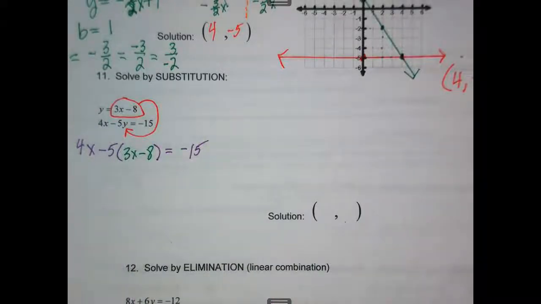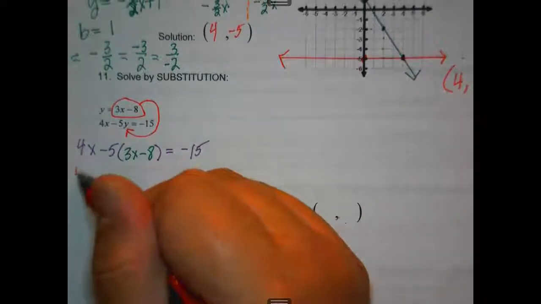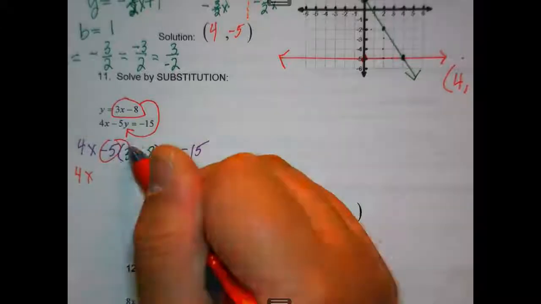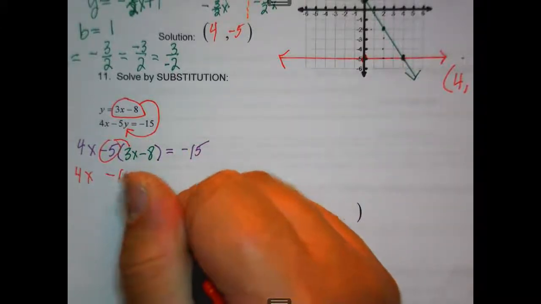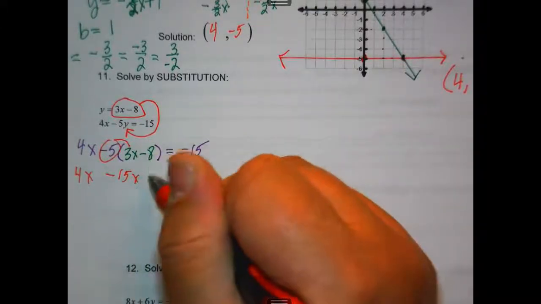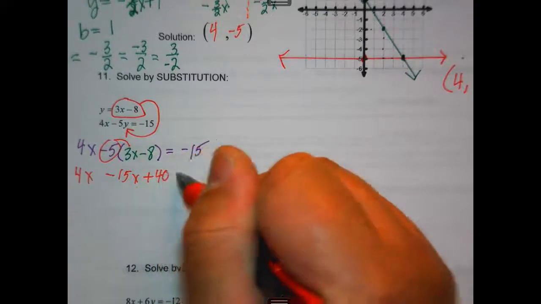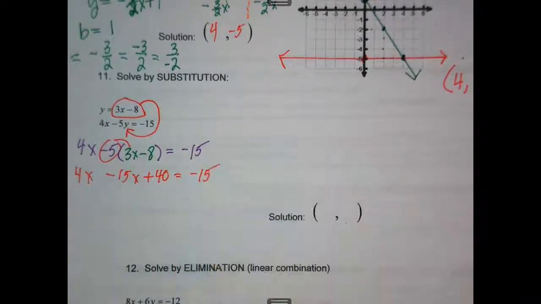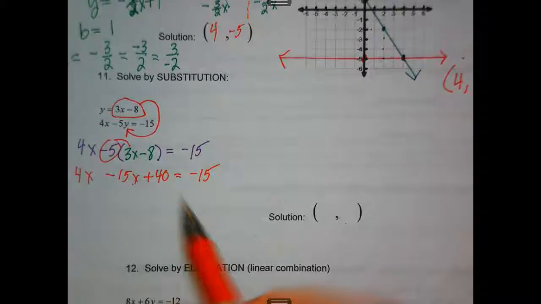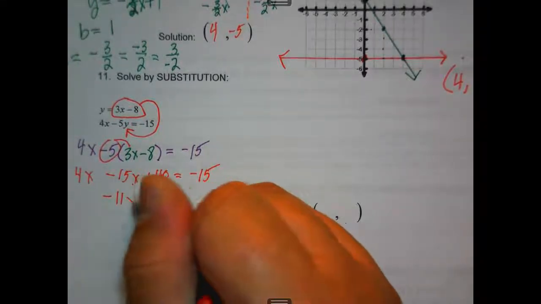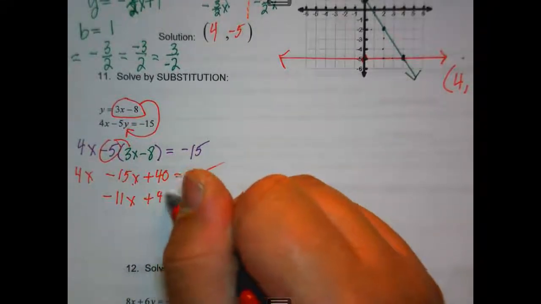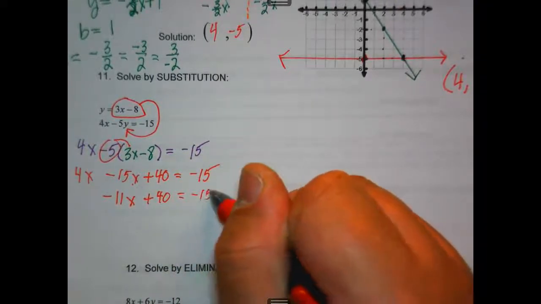Solve for x. So I get 4x. Negative 5 times 3x is negative 15x. Negative 5 times negative 8 is plus 40. Equals negative 15.